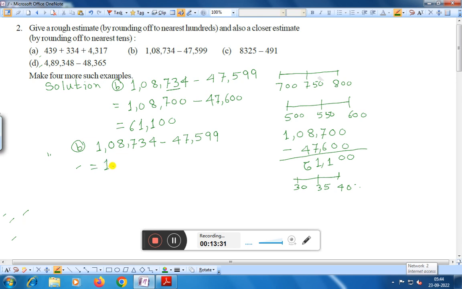108,730 minus 47,599. Here you see the number is 99. That means 99 lies between 90 and 100, and the middle number is 95, right?